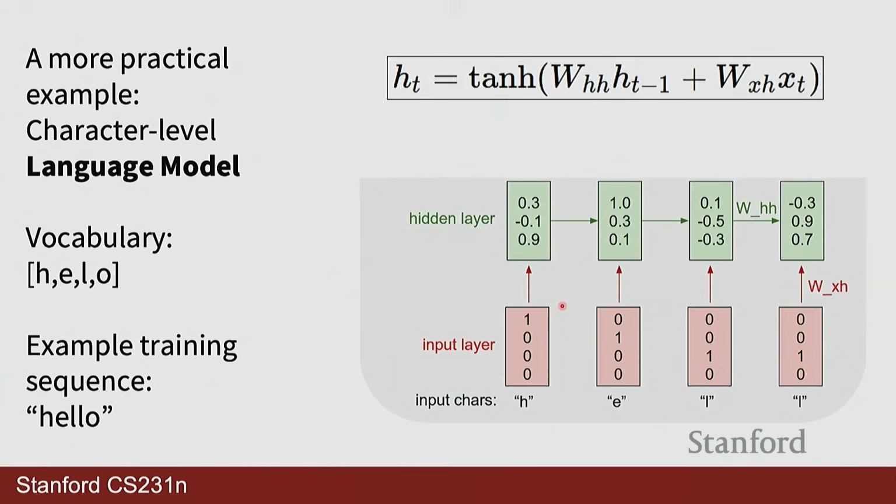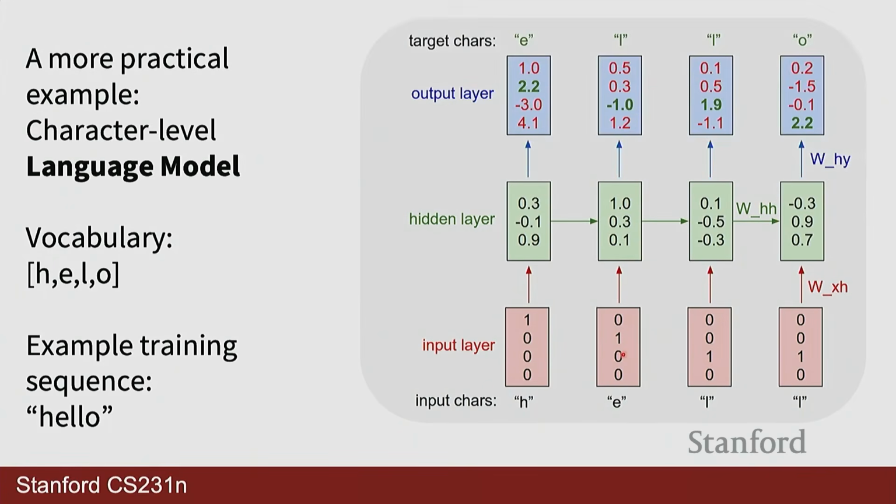We can use these as inputs, and we can calculate our hidden layers based on the previous hidden layer as well as the current input. Then we have our output layer, where we can look at the output for the corresponding correct value, which is taken as the next time step. We want the output, for example, to be E. We map it over here.